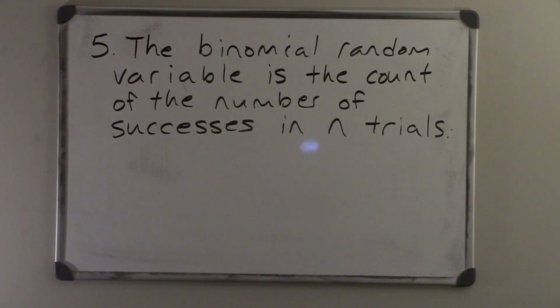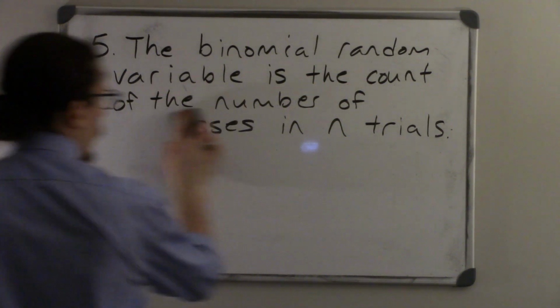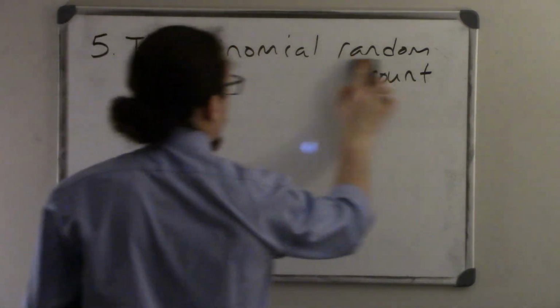All right, so now let's look at how we're going to be calculating these probabilities, because that's what we're here to do. But it is important to know these conditions for our binomial experiments. We are going to have a separate video of an actual worked out example.